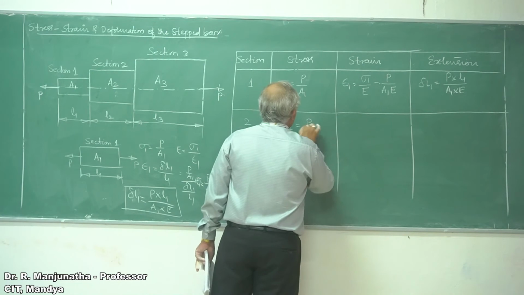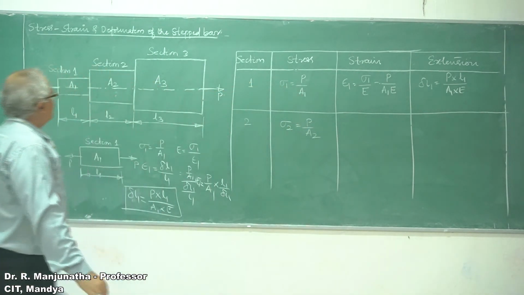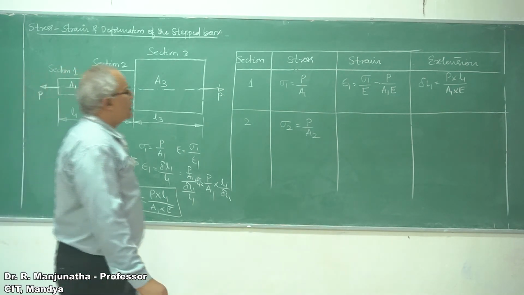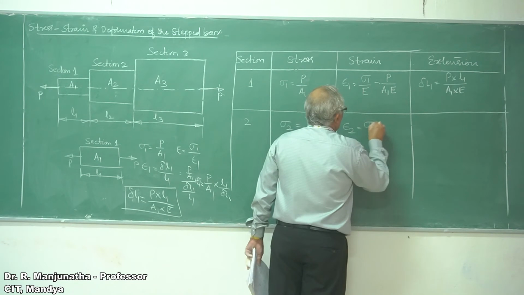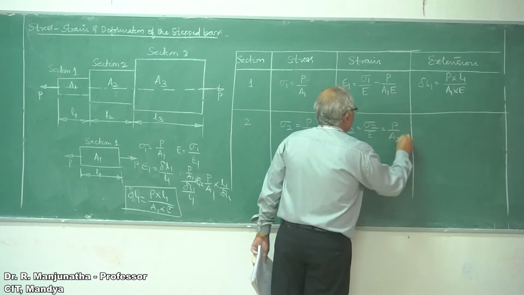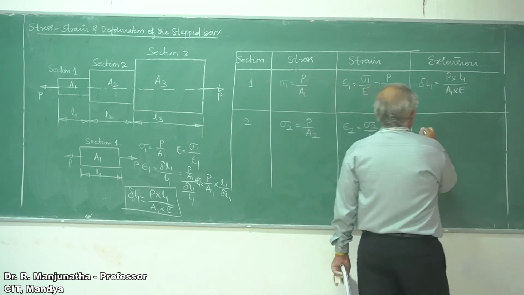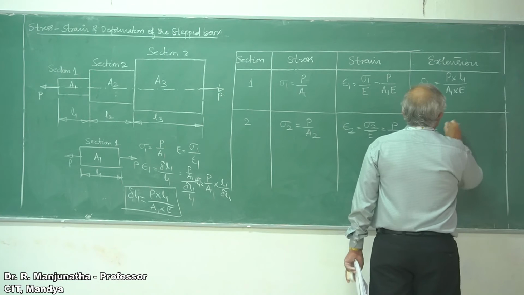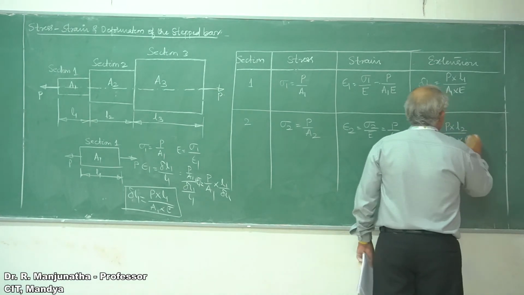Sigma 2 is P by A2, that is the cross sectional area at the second section, and then epsilon 2 is given by sigma 2 by E, which will be equal to P by A2 into E. And then delta L2 is given by P into L2 by A2 into E.